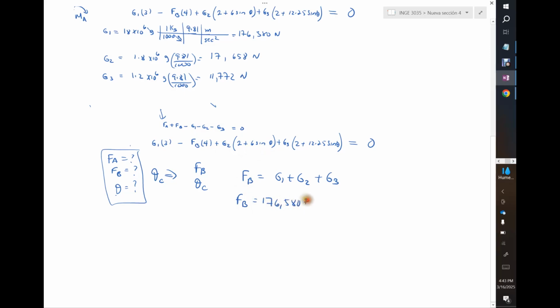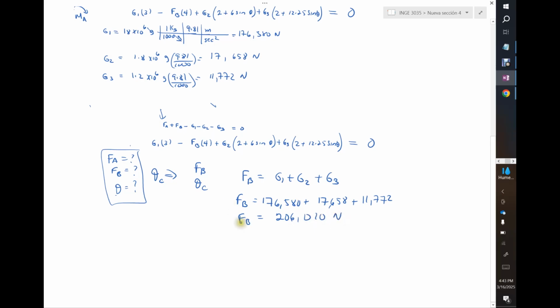That would be 176,580 plus 17,658 plus 11,772. So that FB, I'm doing that in my calculator, will be about 206,010 Newton.